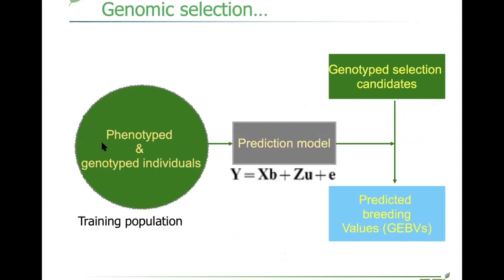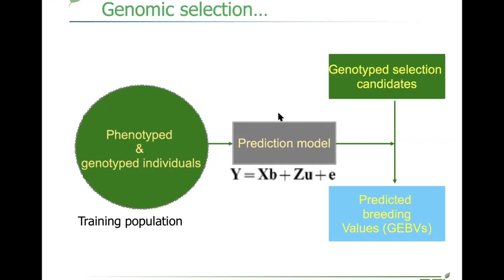And then you fit a statistical model on this data in such a way that you capture in the best way you can the relationship between the genotypic variation and the phenotypic variation of the trait you are trying to model.